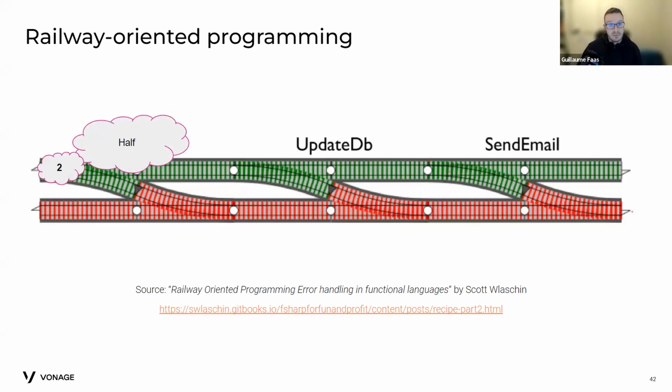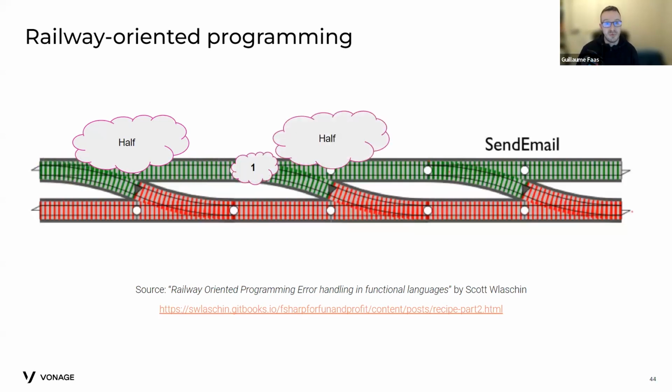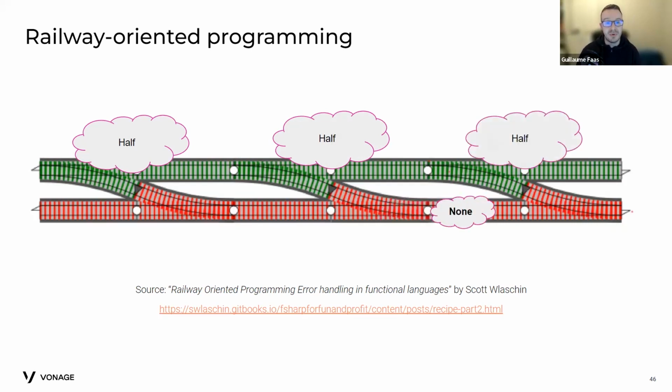I have 2. I want to call half on 2. 2 becomes 1. I want to call half on 1. I can't. Well, at least I can, but it will return none. So now with none, I end up on the negative track. And when half needs to happen on the third step, nothing happens because I'm not on the green track, right?